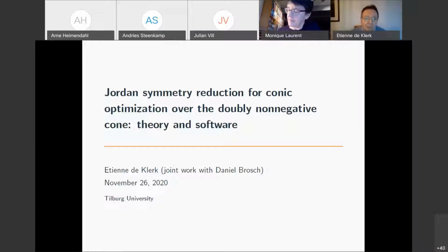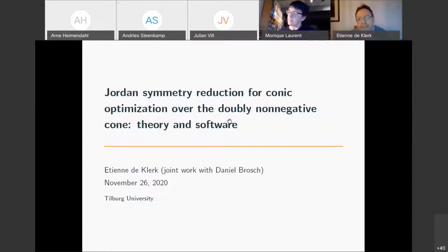So the topic of today is a bit complementary to that, because it's also about reducing the size of conic optimization problems through pre-processing. But this time the groups are not visible. So this is a technique that you can even use if you have absolutely no idea about the symmetries in your problem.